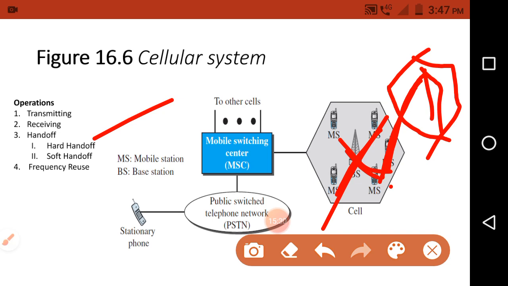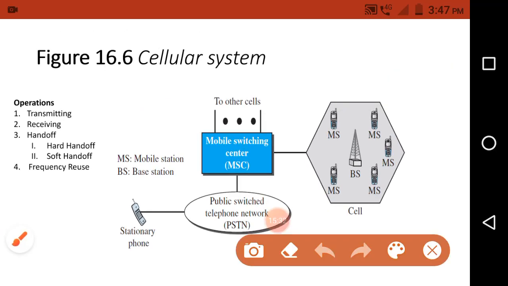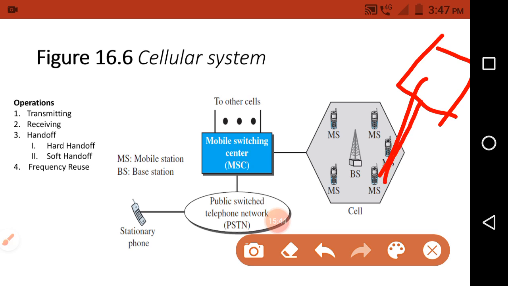What is a hard handoff? Whenever the mobile station is moving to another cell during the call, before it establishes communication with the base station in the other cell, it first needs to terminate the connection with the previous base station.